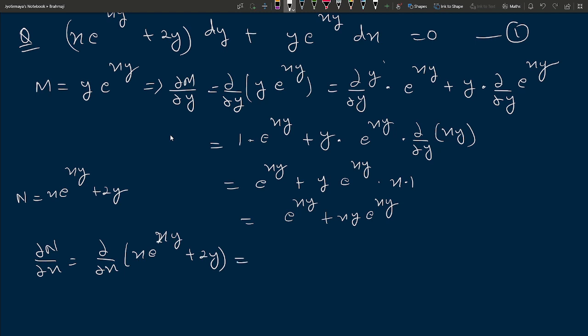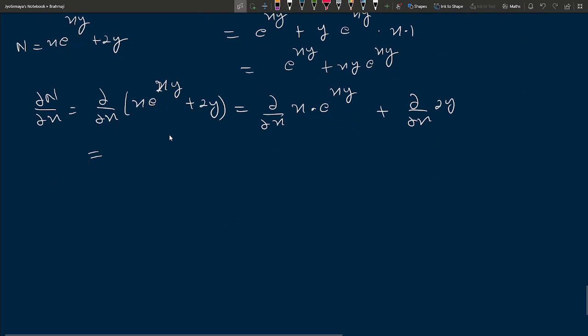Now again chain rule: del by del x of x into e to the power xy plus del by del x of 2y equals, here apply the u into v formula.